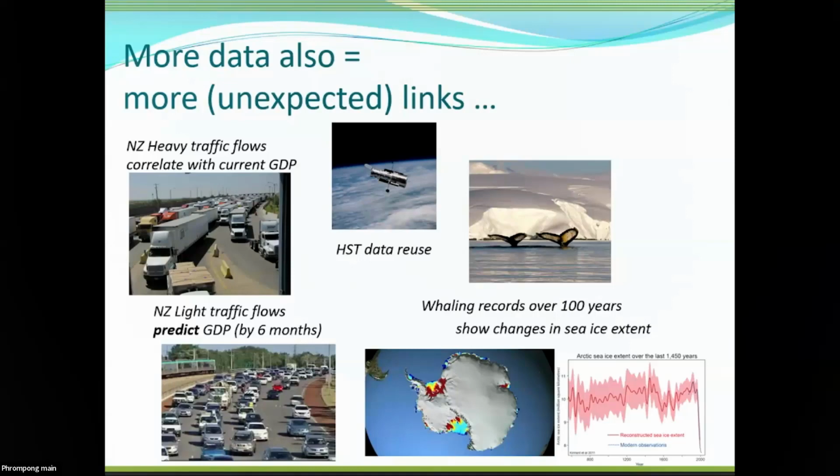Hubble, when it was launched, talking back about the 1990s, made a really important decision very early on. They said, we're not giving you the data, we're giving you a license. You have 18 months to publish everything you can about the data you've made. After that, it goes into our public archive.